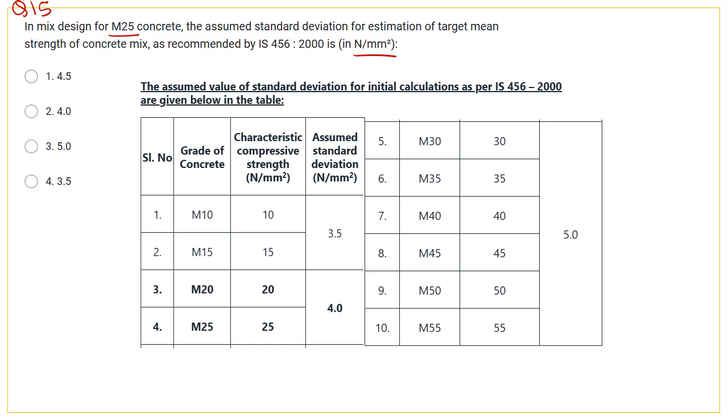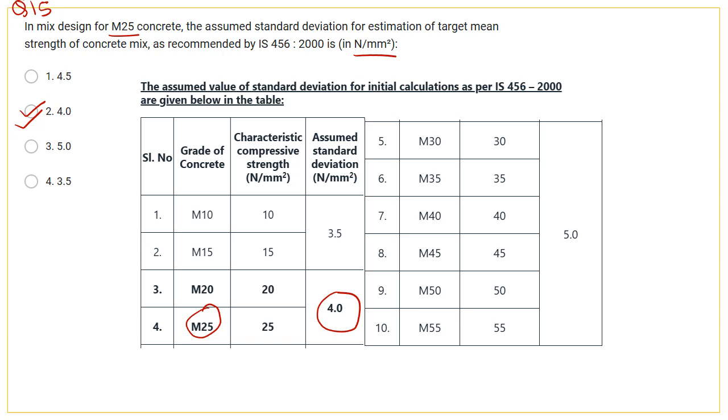Okay, here is a chart for the assumed value of standard deviation for the initial calculation as per IS 456-2000. In the question they asked about the M25 grade. So in this chart for M25, the standard deviation is 4 Newton per mm square. So option number 2 is correct here. And these are the remaining values for M10, M15, M20 up to M55.